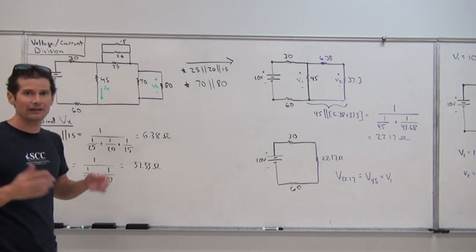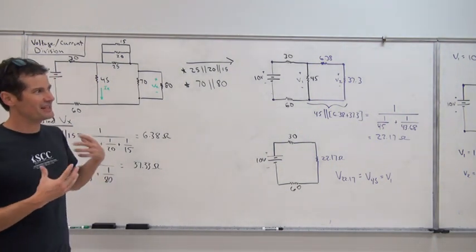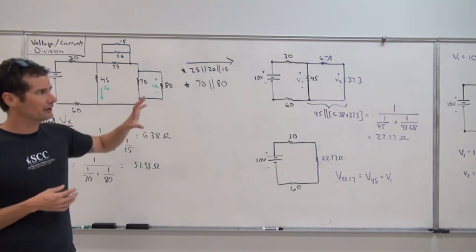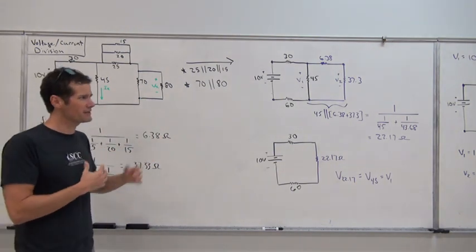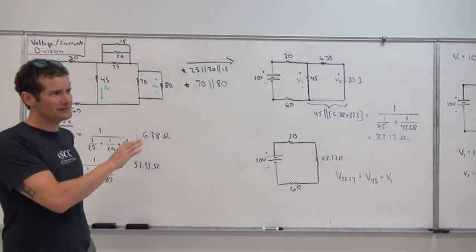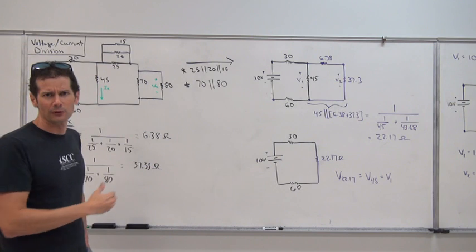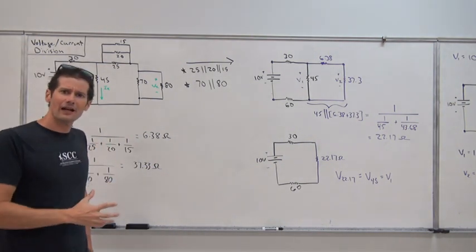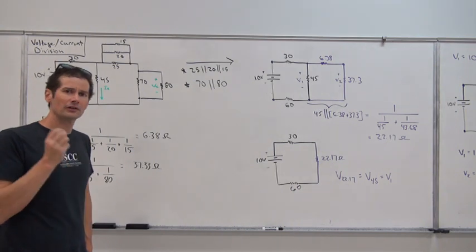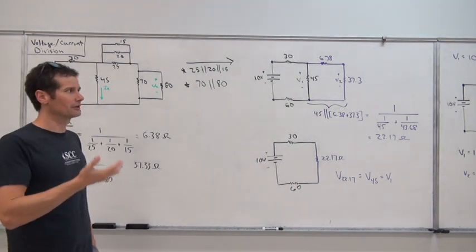Anytime we look at more complex schematics with more loops or more branches, if we're looking at further division of voltage or current, the problems really are not that much more involved in terms of the conceptual understanding of how voltage and current divide.